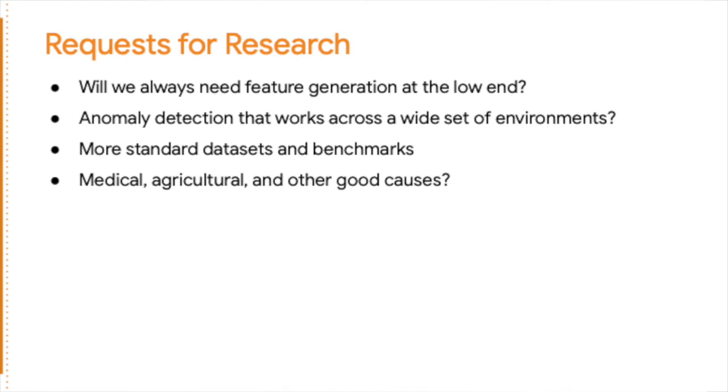And that's a super hard problem, because each machine may be vibrating differently when you put the device on there. You want to know when there's a change, when there's an anomaly. But how do you do that without learning? Or do you need training as part of that anomaly detection? That feels like a wide open area that would be incredibly valuable to a lot of people if we could solve some problems there.